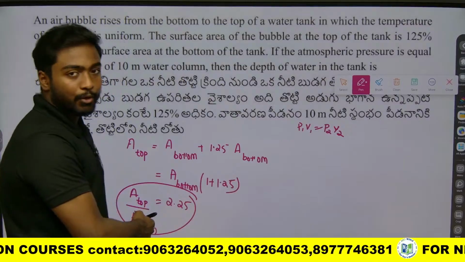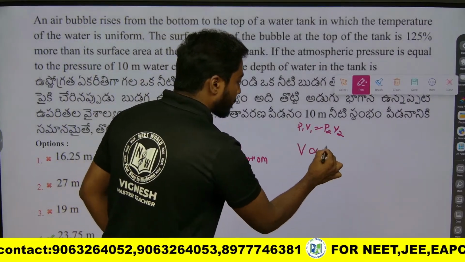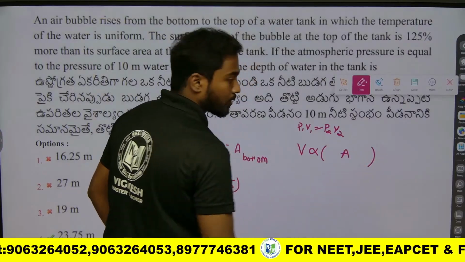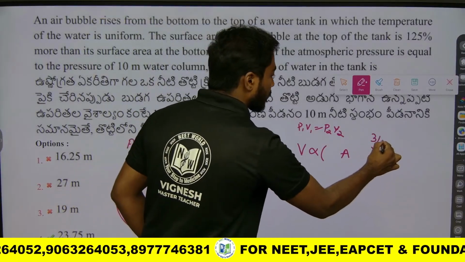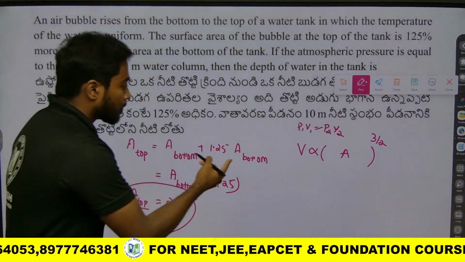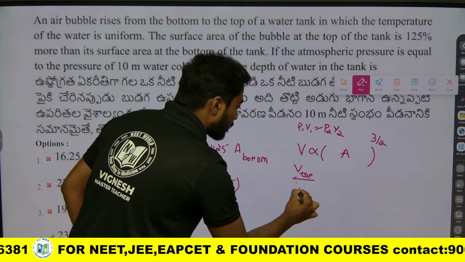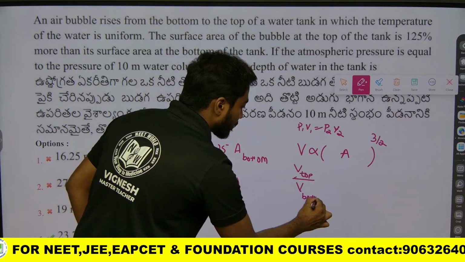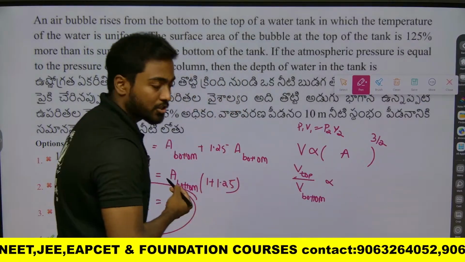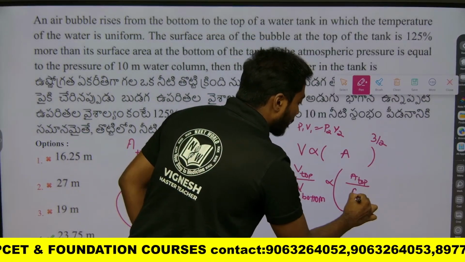Area we know, I need to find the volume. We know that for the bubble, volume is directly proportional to surface area power 3 by 2.